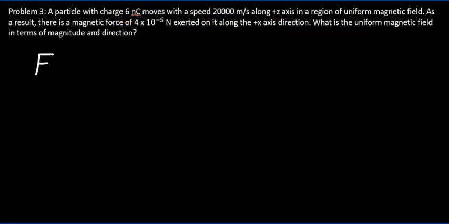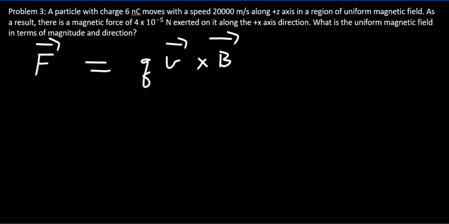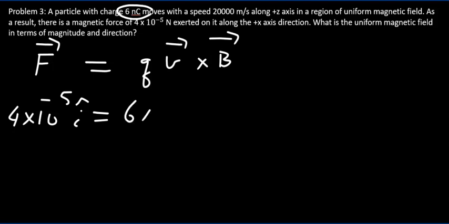So as before, the equation to use is F equals Q, velocity vector cross the magnetic field vector. Now we know what the force is. The force is 4 times 10 to the power minus 5 newtons in the direction of I hat, the plus x-axis direction. Now let's expand the right-hand side. Charge is 6 nanocoulomb, so 6 times 10 to the power minus 9.